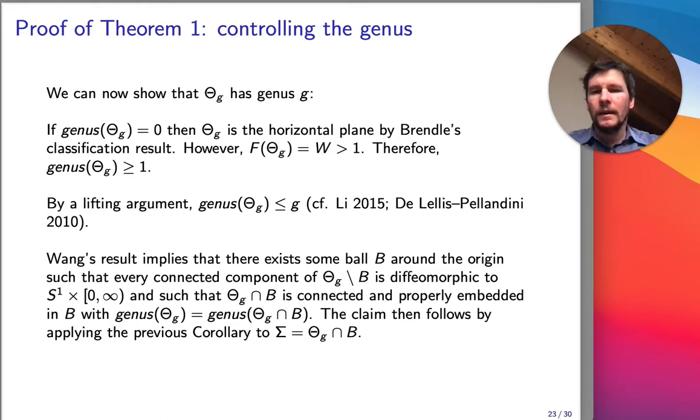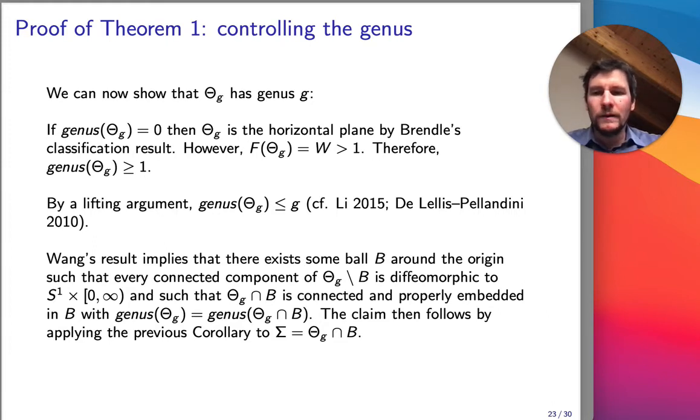Okay, so now we already know that our limit has genus between 1 and G, so that's what we want, so that we can apply the lemma. Okay, now the problem is the lemma and the corollary. The lemma is for closed objects, and the corollary is for objects inside a ball, but now we have a non-compact object.